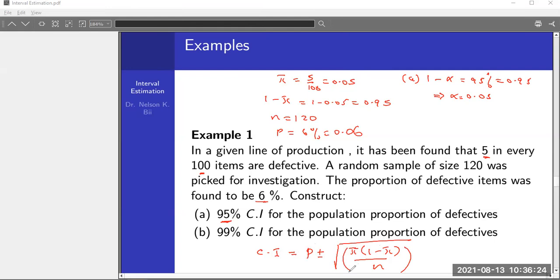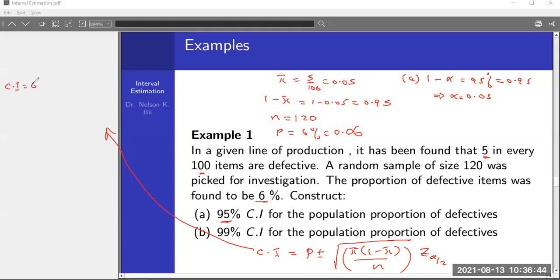So we take the square root of all that, times z alpha by 2.